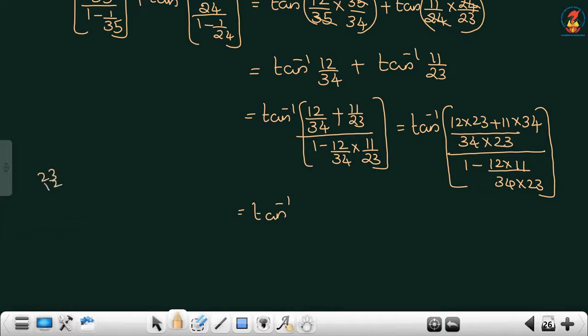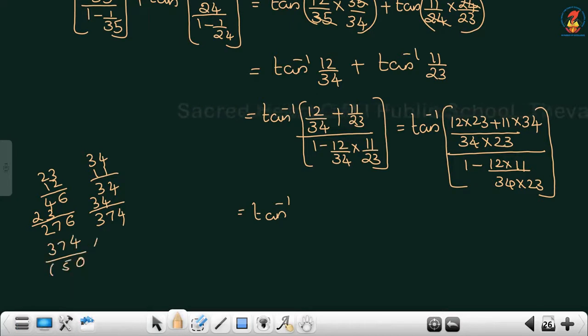So tan inverse. Now do the calculations. 23 into 12. Then 34 into 11. That is 650. So this we can cancel. 34 into 23, that is 782.